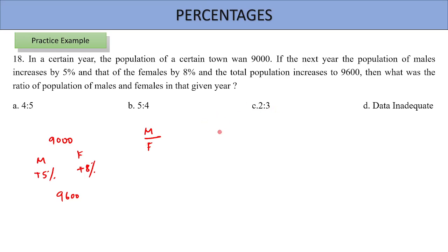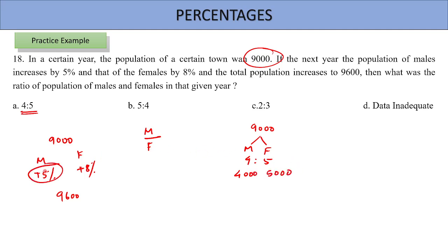So here we will try initially with the assumptions only. So consider option A. In that year, in the sense they are talking about the initial year. So let's say the male and female are provided in the ratio of 4 is to 5. So male will be 4,000 and female will be 5,000.